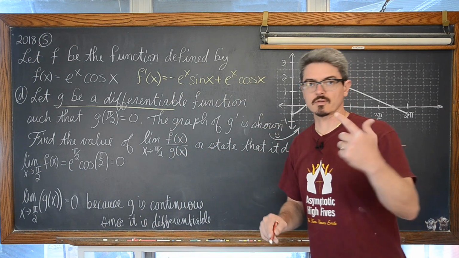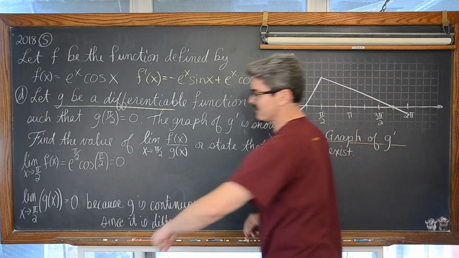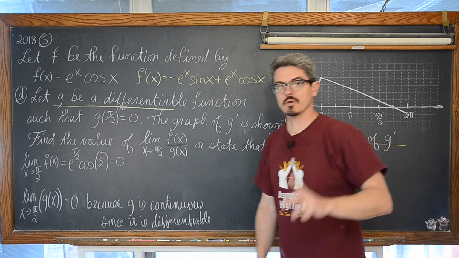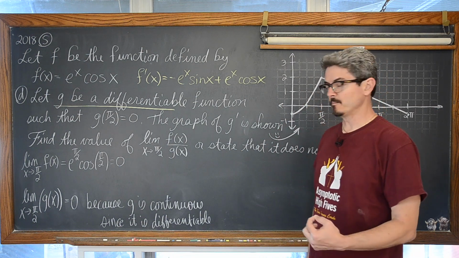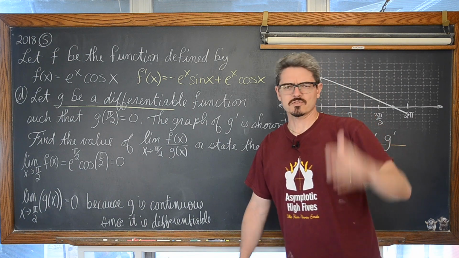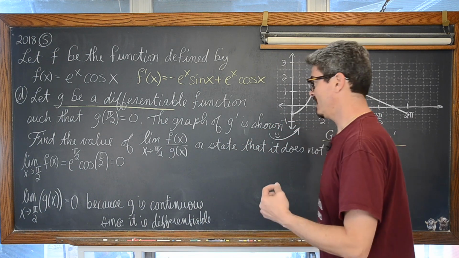That's how you're going to come to the conclusion that the limit as x approaches pi over 2 of g of x is equal to 0. So now we have the indeterminate form of 0 over 0. It's so much nicer to just write 0 over 0 and say "in the form of," which allows you to then apply L'Hopital's rule.